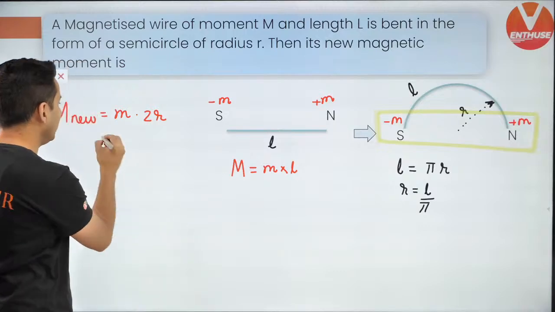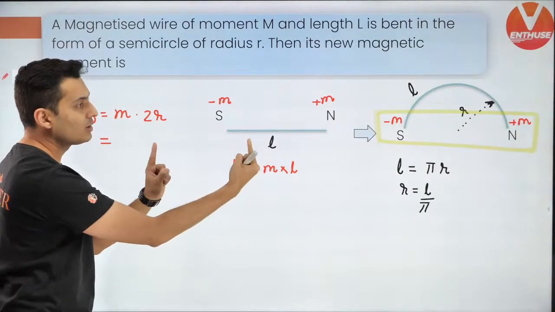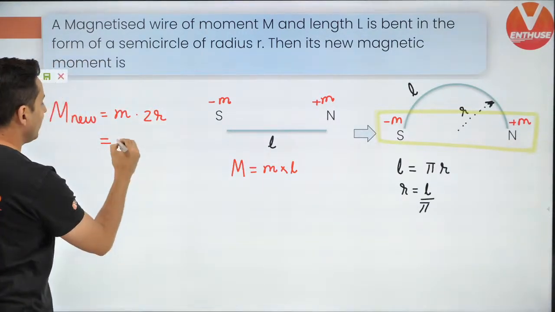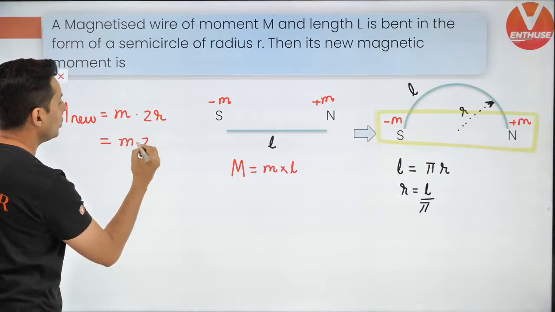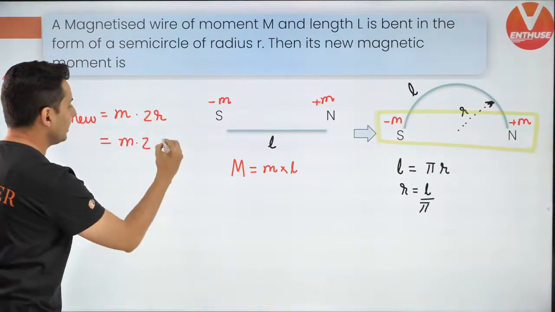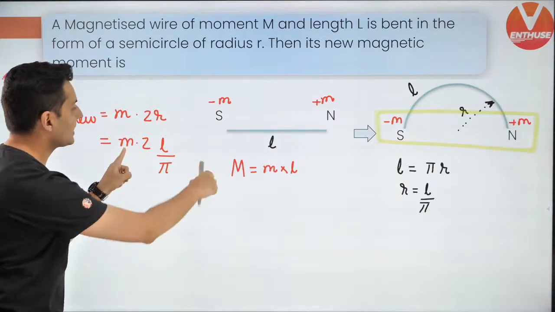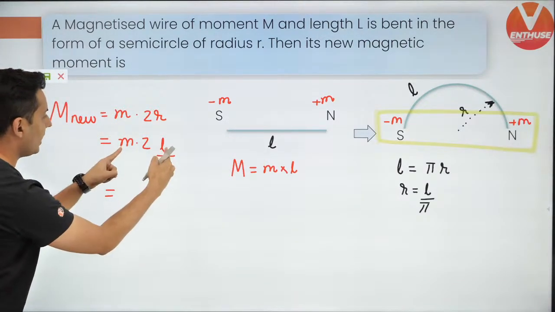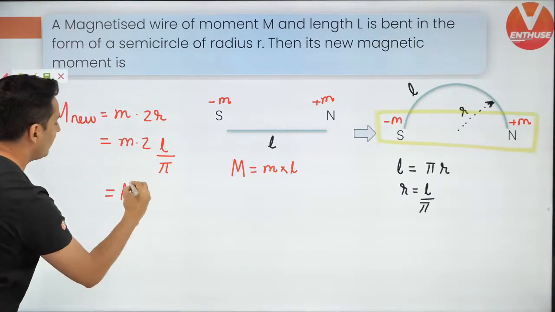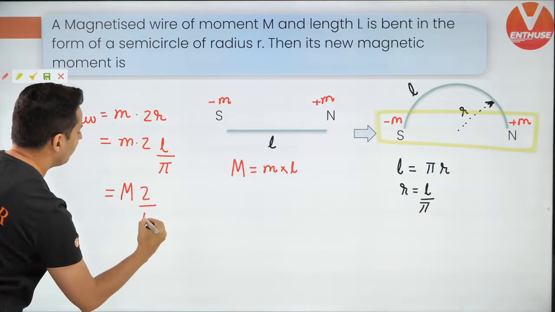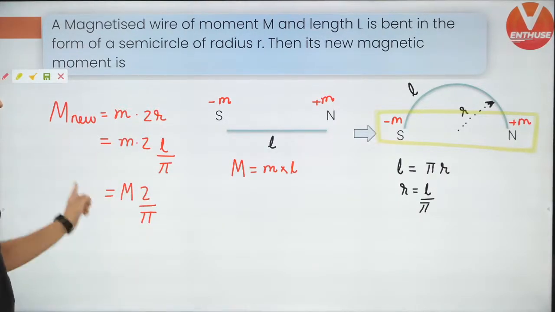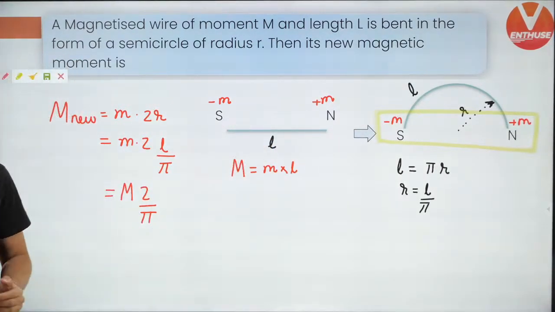Yes, it's the diameter, because that's the distance between the north pole and the south pole, and therefore it will become m into 2r. What is the radius? We just figured it out. It was L by pi, but m into L is capital M, so this m and this L can be written down as capital M and 2 divided by pi. That is the new magnetic moment when you bend it.